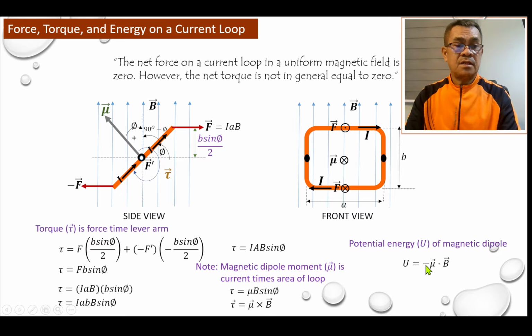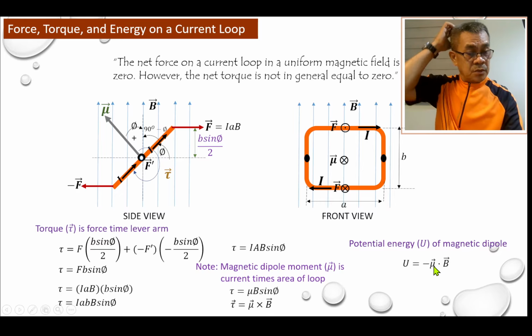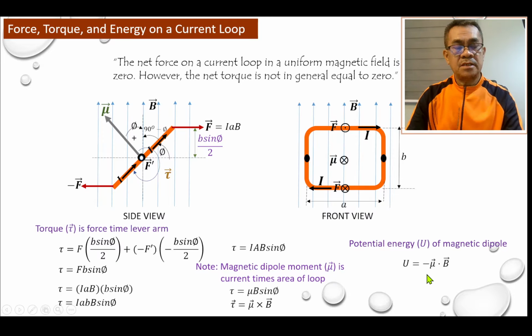Okay, so in analogy with the electric dipole, the potential energy is the negative dot product of mu dot B. In the electric dipole, it is the negative electric dipole moment dotted with the electric field.